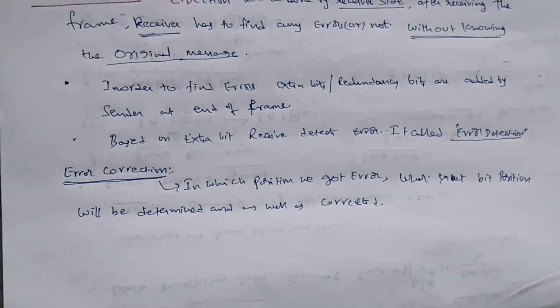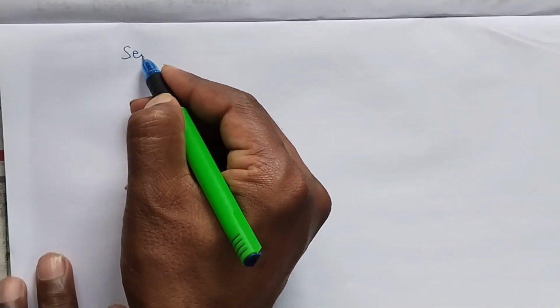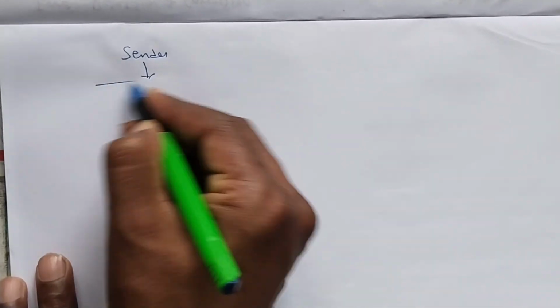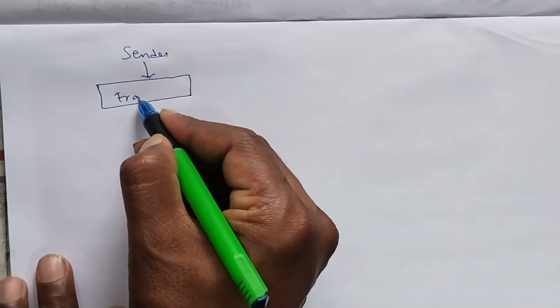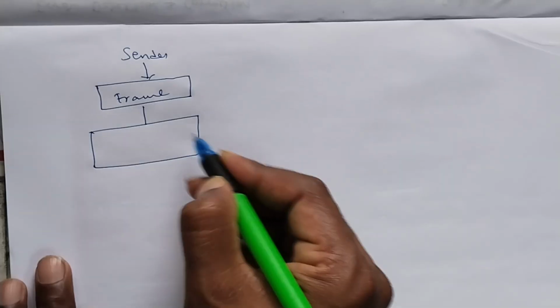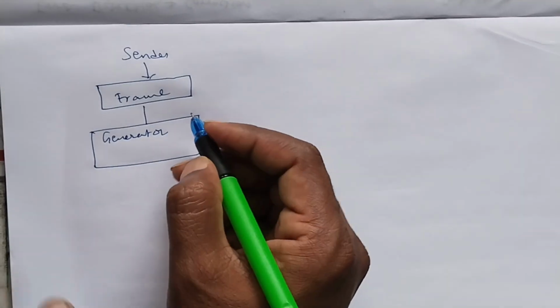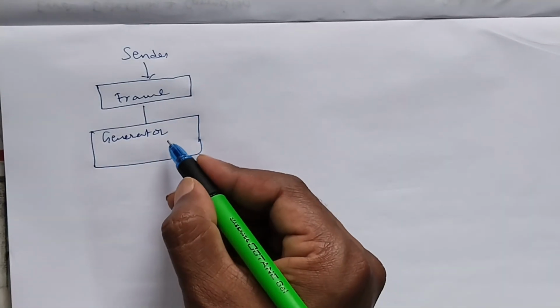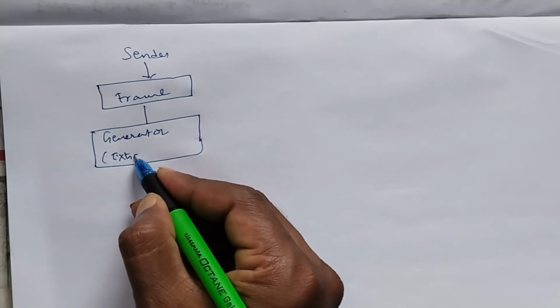Okay, see here how it will be detected and corrected. Here we have the structure of the diagram. First the sender is sending a frame. That frame goes to the generator. What is the meaning of generator here? The generator generates the extra bits.